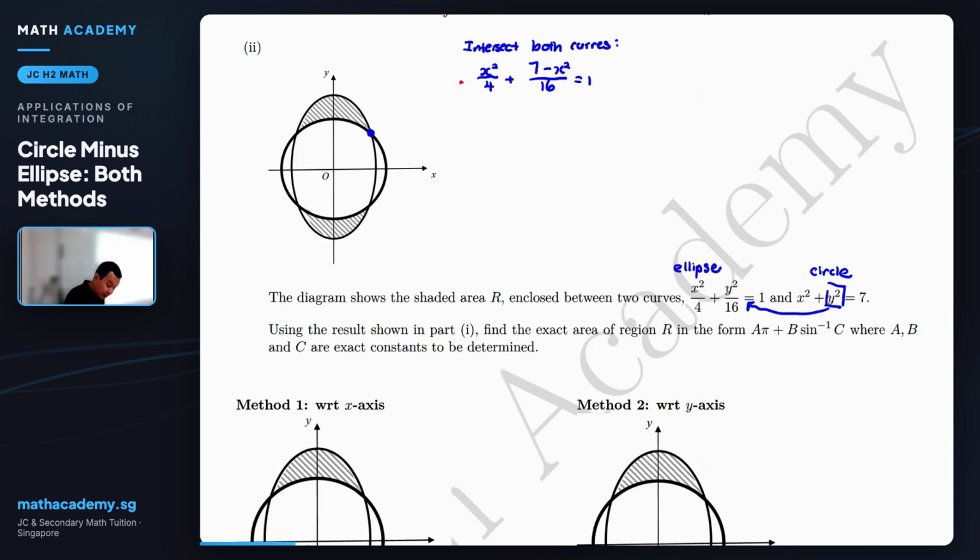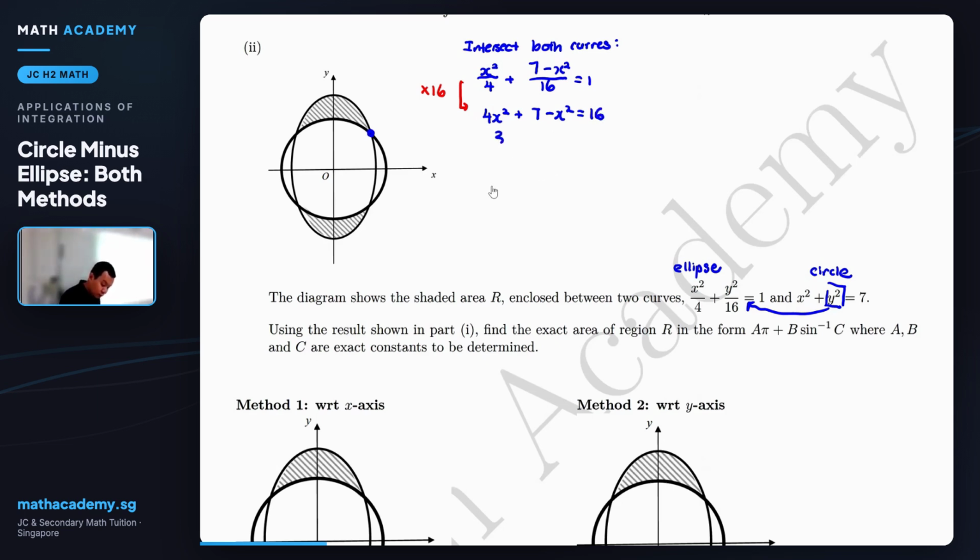To simplify, can I multiply 16 throughout to get rid of the denominator? Sorry, right side 16, my bad.